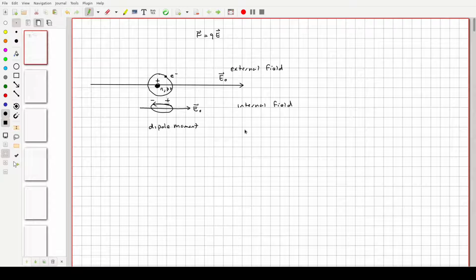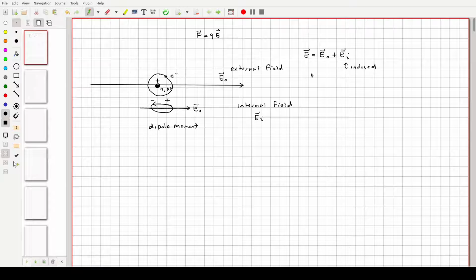So if we call the internal field's overall effect E sub I for internal, then your effective field would be the external field plus, as a vector, whatever the internal field is. Now, this is induced. It wouldn't be there if it wasn't for the presence of this external field.